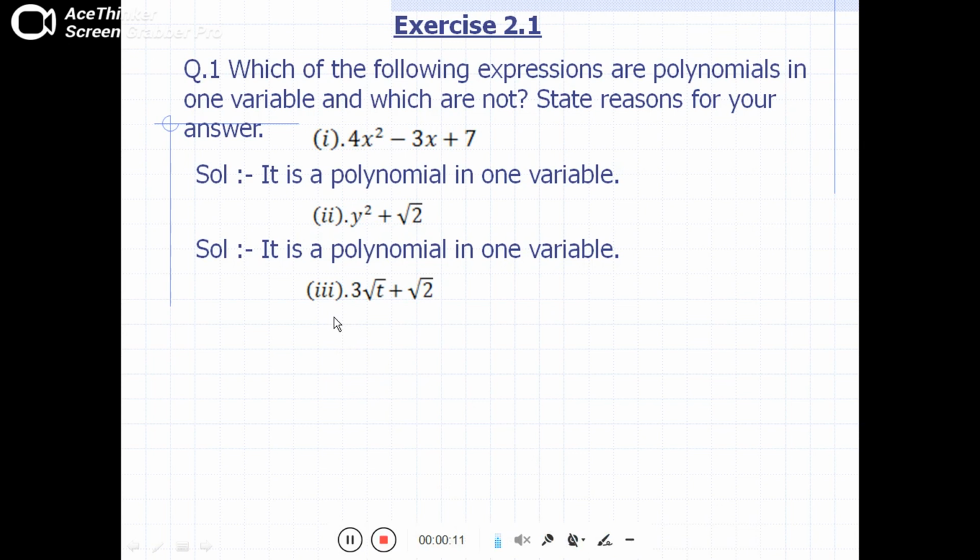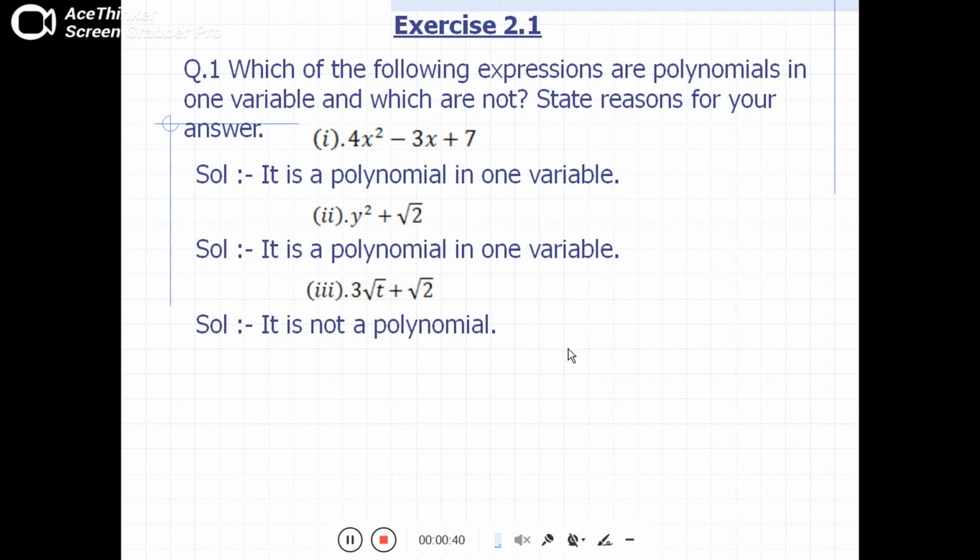Here the variable is t, and it is under root. It means its power is 1 upon 2. Since the exponent is 1 upon 2, this is not a polynomial. Because of this under root, it is not a polynomial.